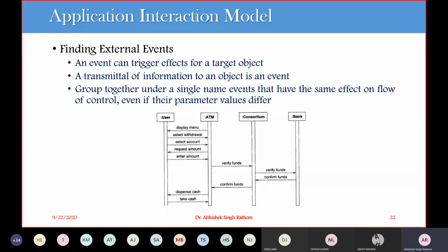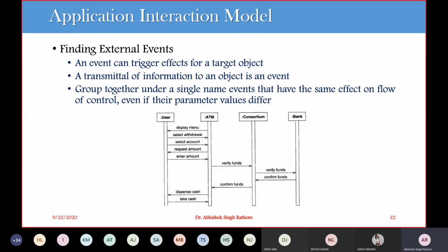So when we are having a transmission of information to your object, it is an event. For example, let's say we are entering a password, so there should be a message sent from your external agent, the user, to a particular object of ATM. So somehow we are mapping some interaction.